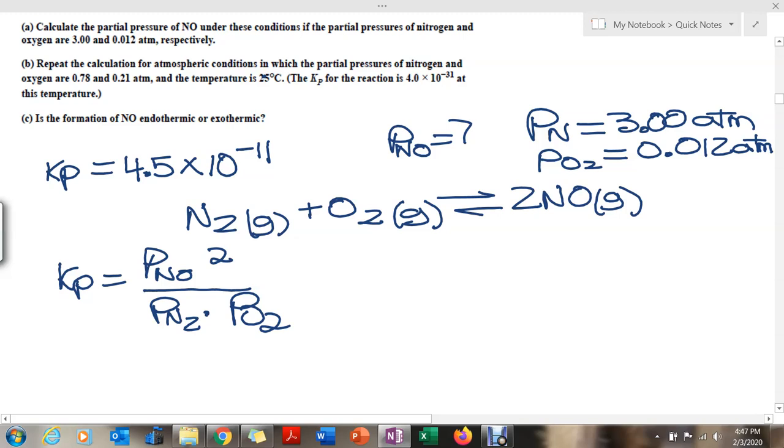Okay, 1 and 1 coefficients. So we need to find the P of NO.